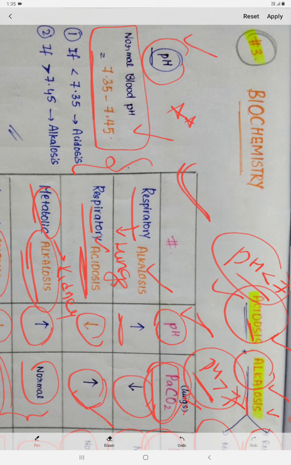That's the normal blood pH. Whenever it is less than 7.35, it is acidosis. Greater than 7.45 is alkalosis, right? Remember this, not greater than 7 or less than 7. Normal on the pH scale we can say like this, but in body fluids we have 7.35 to 7.45, that's the blood pH. So less than that is acidosis, greater than that is alkalosis.